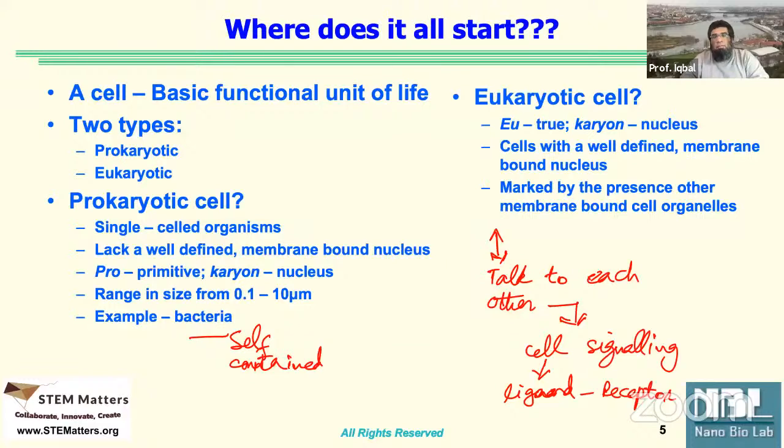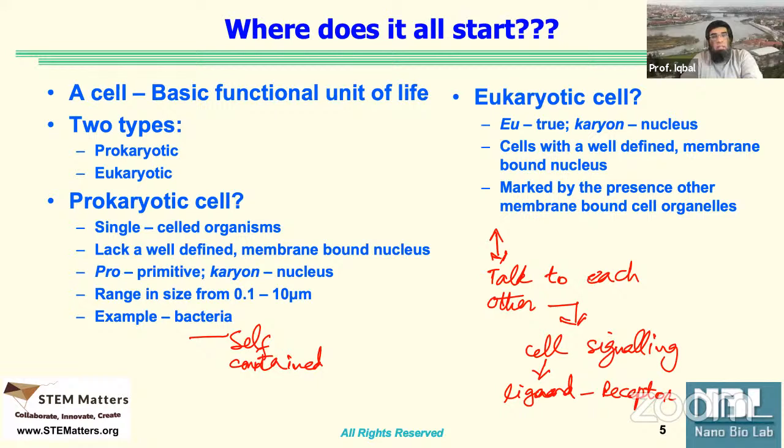Their internal subcellular parts are also not contained within walls or things like that. So there's no clear-cut partitioning of different things in prokaryotic cells. These cells range in different sizes, up to a few micrometers. A good example is bacteria, right? They're self-contained, single-celled organisms.